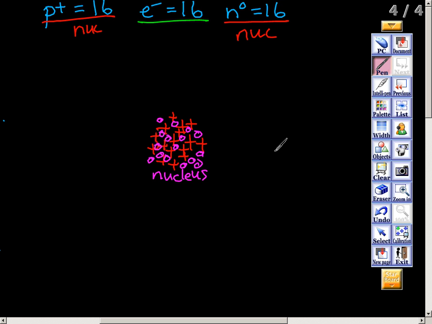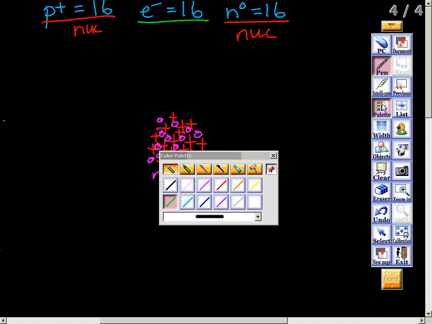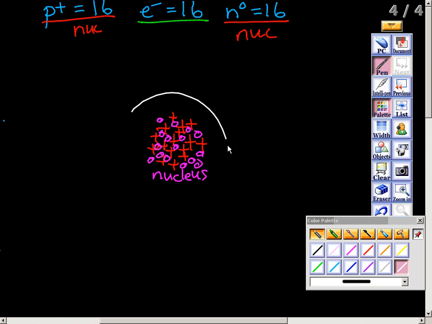Next up, I gotta add in my electrons. But electrons aren't in the nucleus, they're in the electron cloud, which sits outside. So I'm going to draw my first level, level 1. Now, I can't put all of them on level 1, because remember, level 1 holds only 2. Level 2 holds 8, and level 3 holds 8.